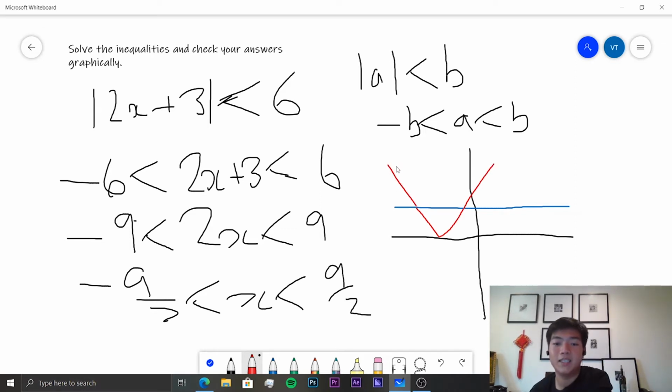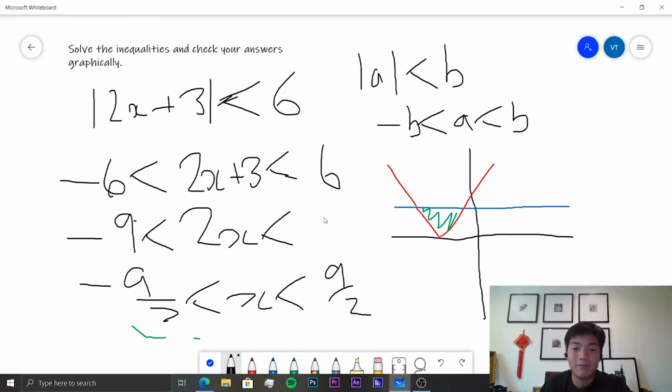And so the region in which 2x plus 3 is less than 6, in this case the y value of the red line is less than the y value of the blue line, well, that will be this region here, which is when negative 9 over, oh, actually, am I being silly? Oh, okay, no, sorry, I've just been silly.